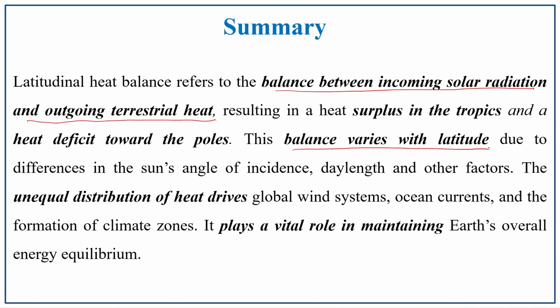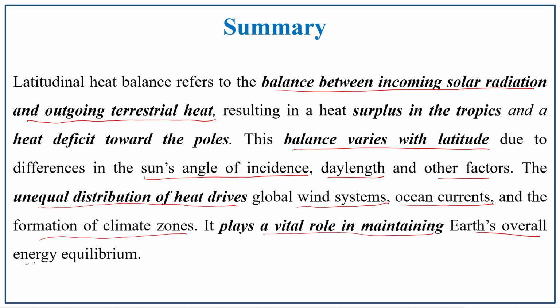This balance varies with latitude because of the sun's angle of incidence, day length and other factors. The unequal distribution of heat drives what? The global wind systems, ocean currents and the formation of climatic zones. It plays a vital role in maintaining overall energy equilibrium.